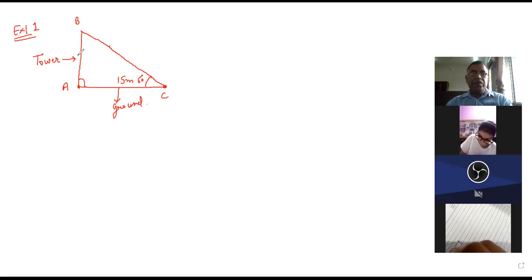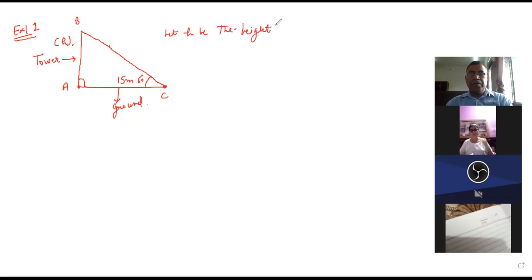Find the height of the tower. So I want to find out this h. So let h be the height of tower. मैंने इसको h ले लिया.